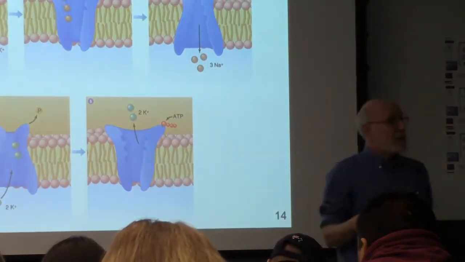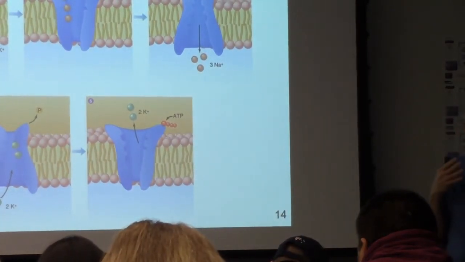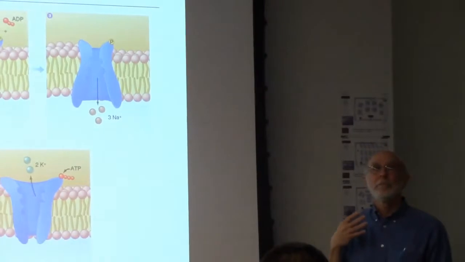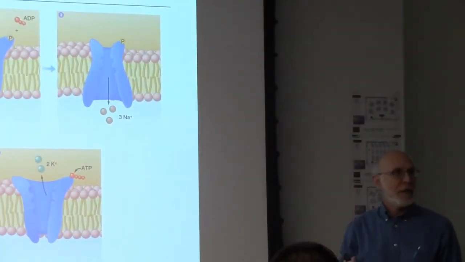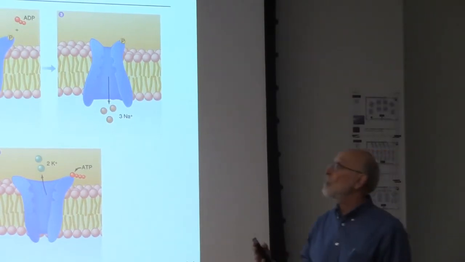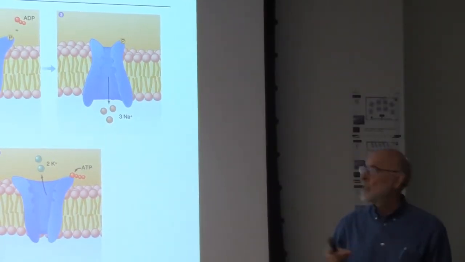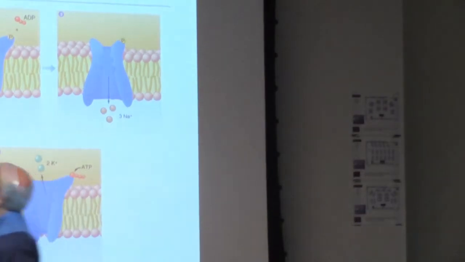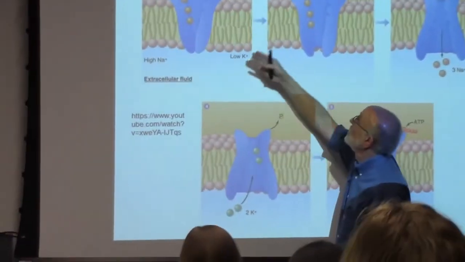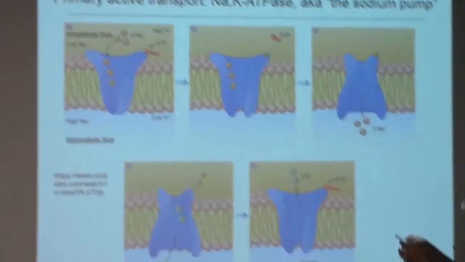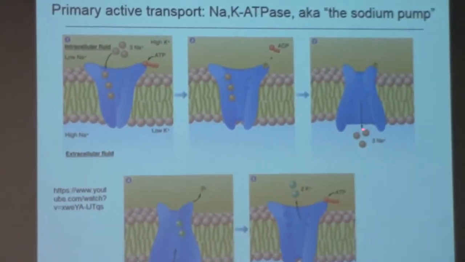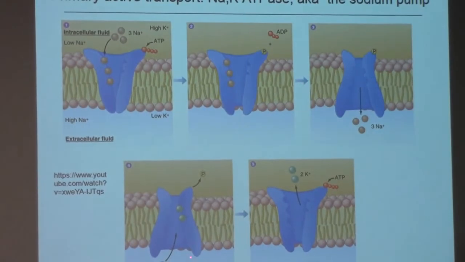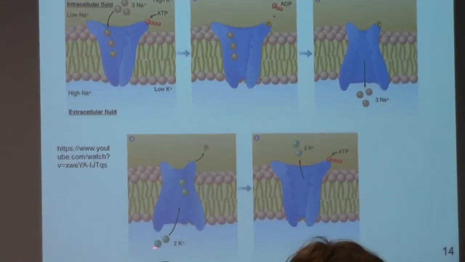And this is the sequence of events of binding, diffusion, binding, hydrolysis, and conformational changes that give the sodium-potassium ATPase its ability to pump sodium out, right? Sodium is being moved from in to out, and potassium is being moved from out to in.